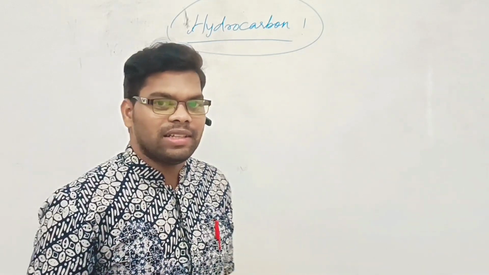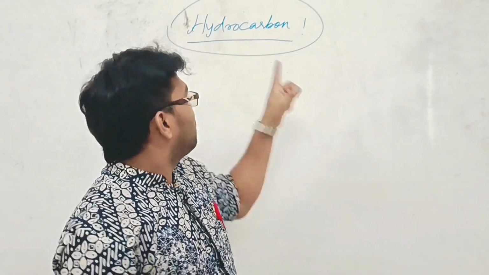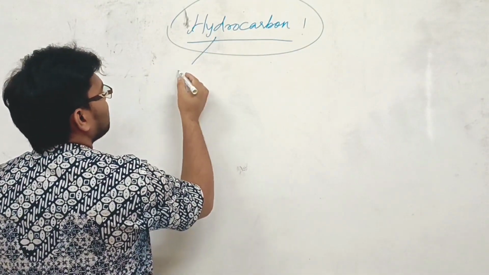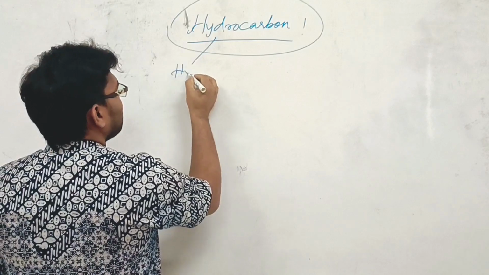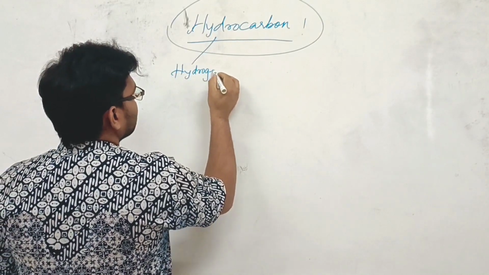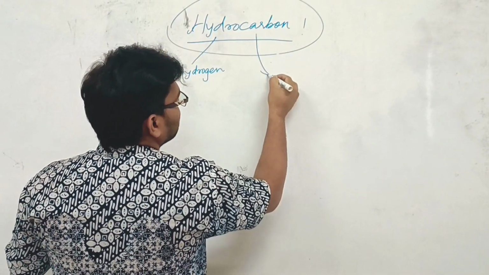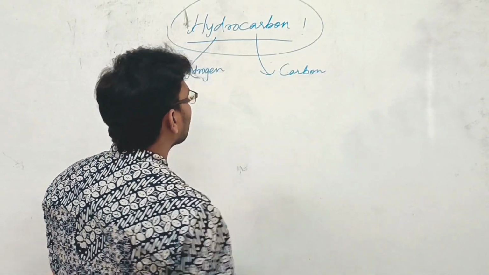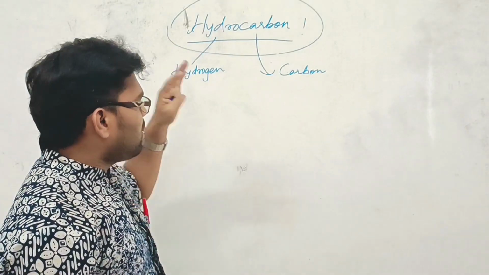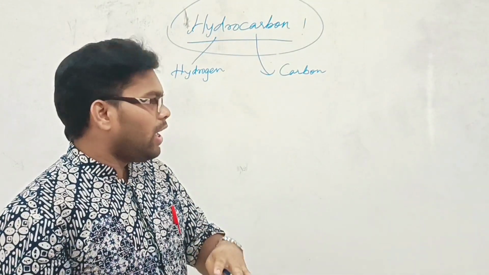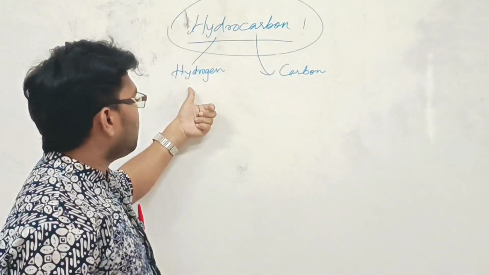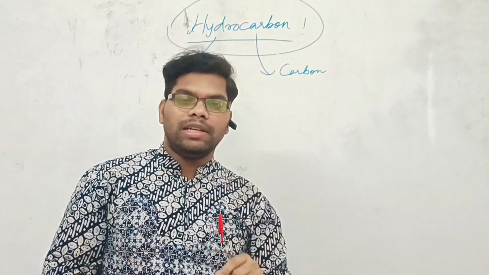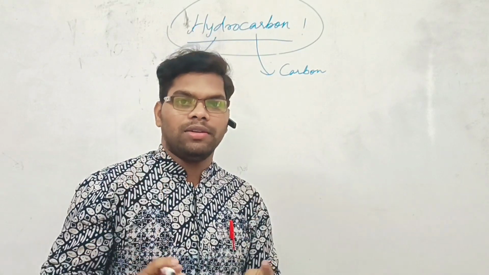Hydro is related to the hydrogen element, and carbon is the carbon part. Wherever a compound has hydrogen and carbon present, we say that compound is a hydrocarbon compound.